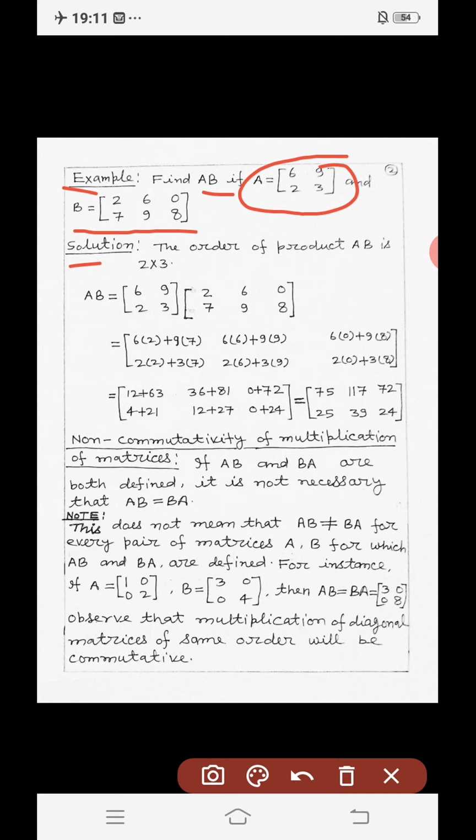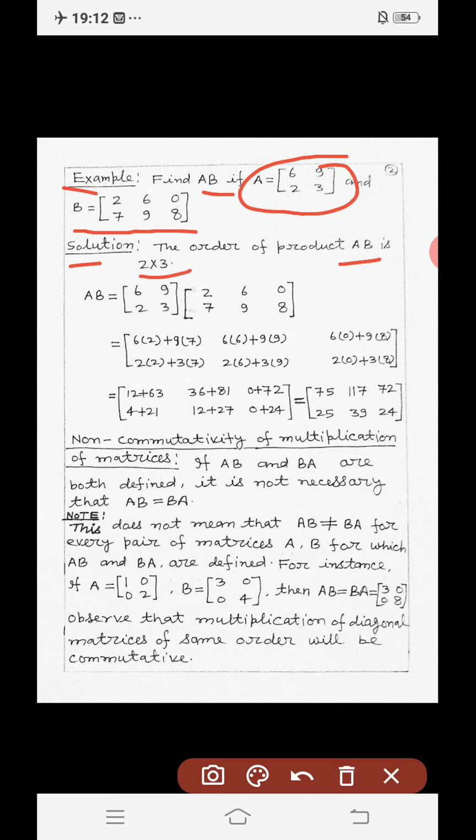Dear students, the product AB is defined because the number of columns, which is 2, of matrix A is equal to the number of rows, which is 2, of matrix B. The order of product AB is 2 by 3.